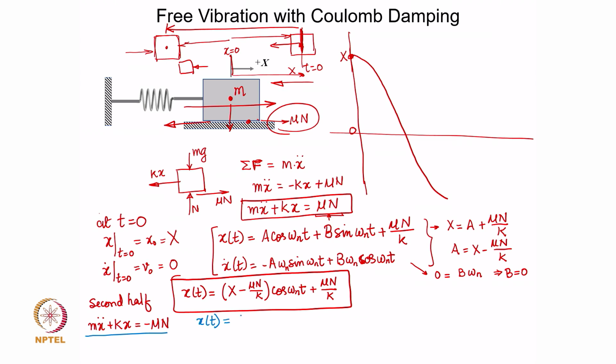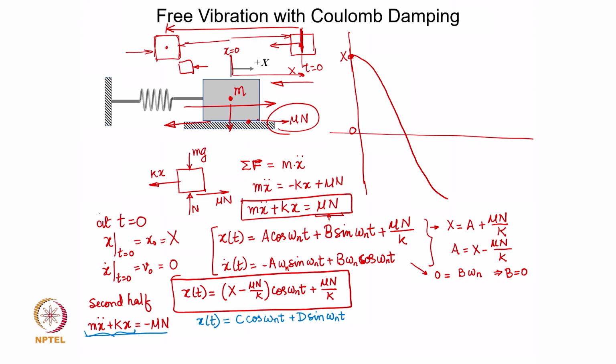Again, what we do is we assume some constants. Now, in this case I will use two different constants, C cos omega n t plus D sin omega n t. Make a note here that this part is still going to generate response at the undamped natural frequency of the system. So, this general solution is valid for this case as well.